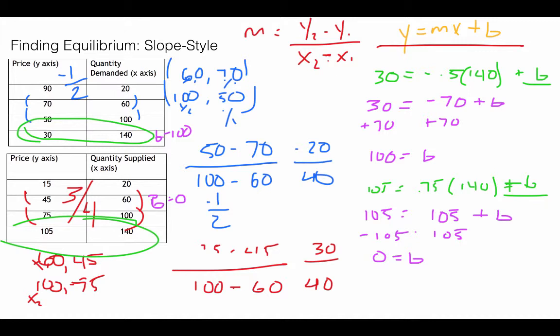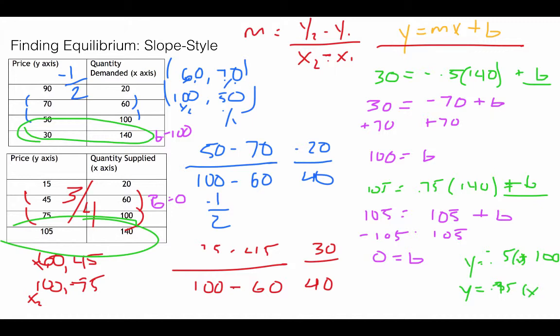All right, so now that I've done that, I wish I could erase, but I can't. I have to go back into this formula and just solve. So I set each of these equal with their b's. So y equals my slope of the first one, negative 0.5x plus 100, and y equals 0.75 times x.